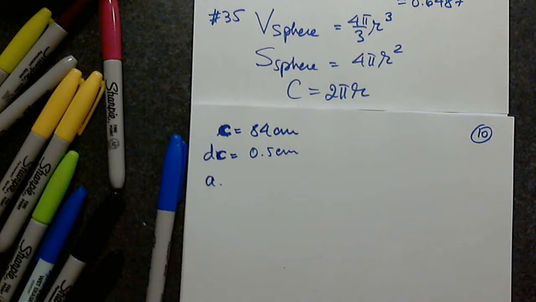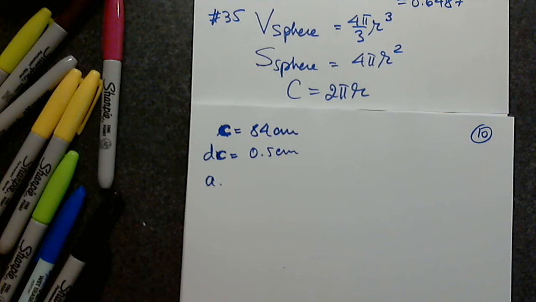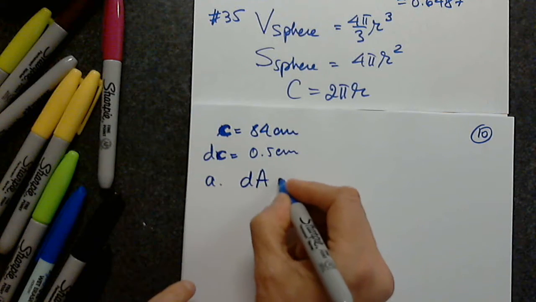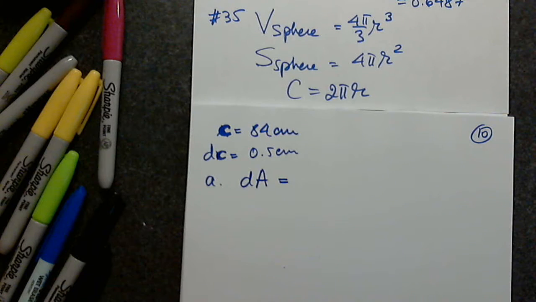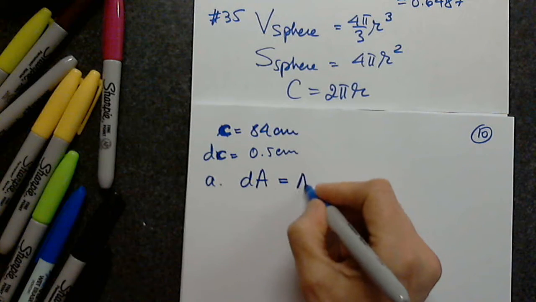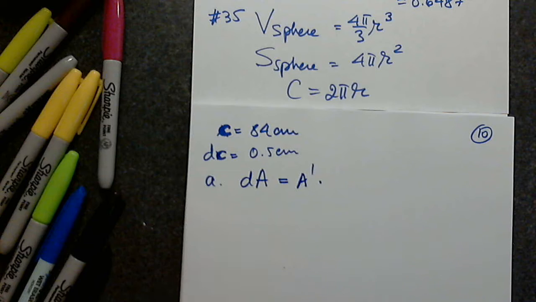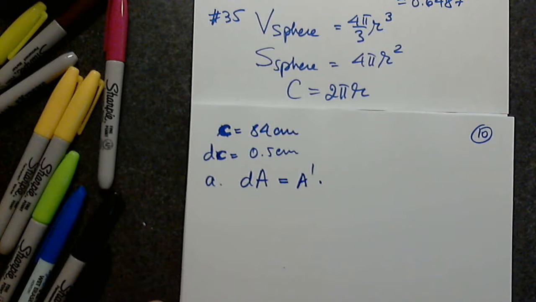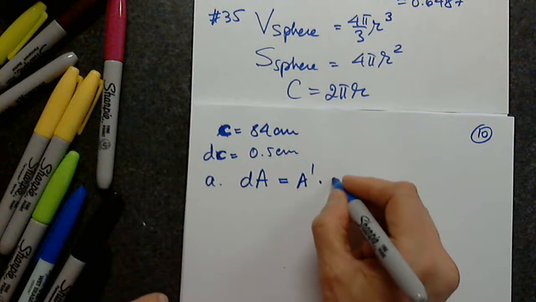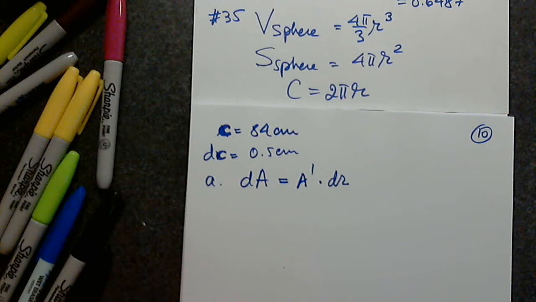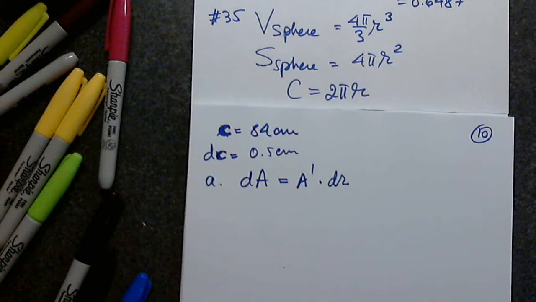So I am told to find the error in the area, which will be the area prime times dx. In this case it is dr. Very good, awesome.